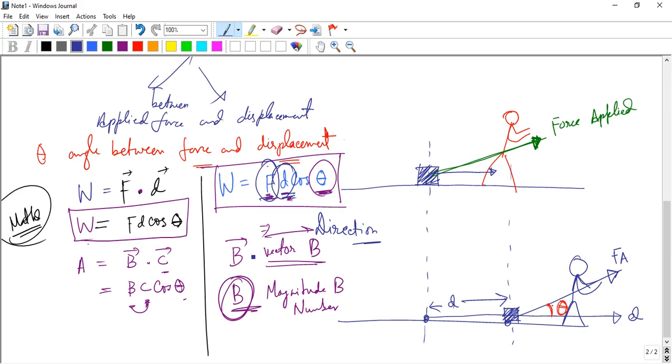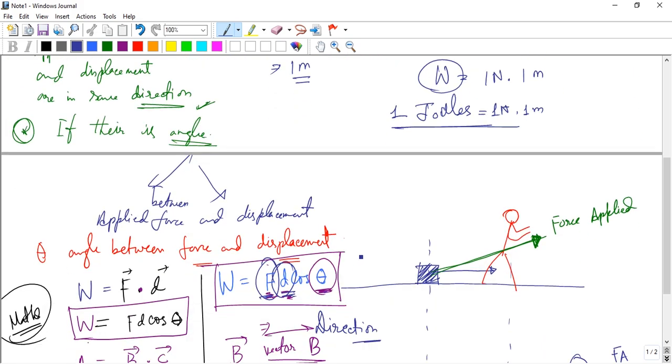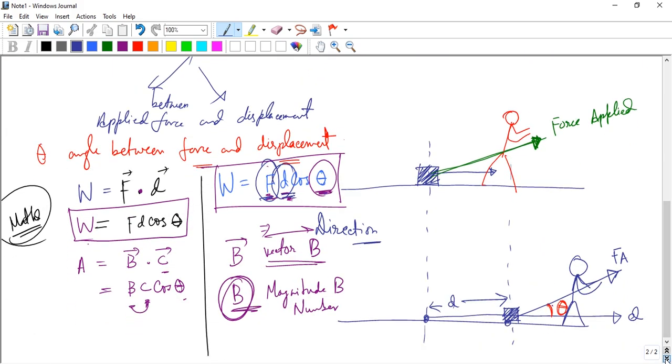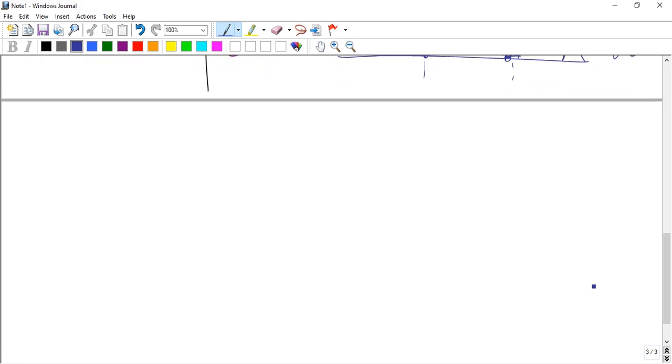Now here are some conditions, whether work done is a positive, negative, or zero term. These are the boundary conditions.